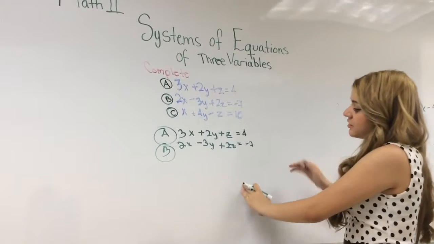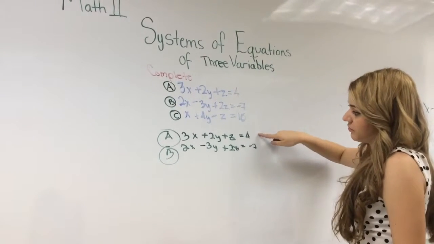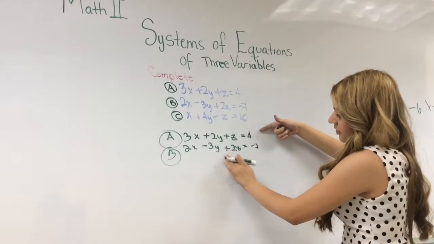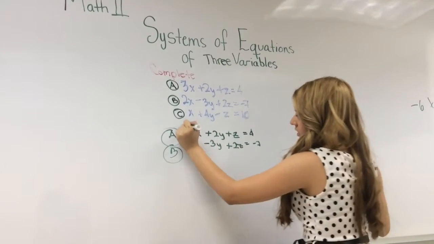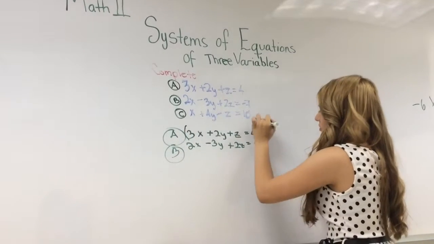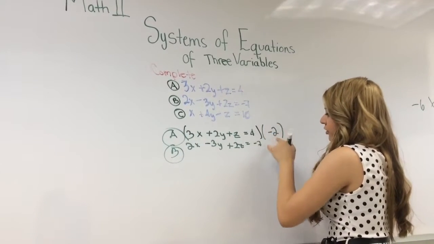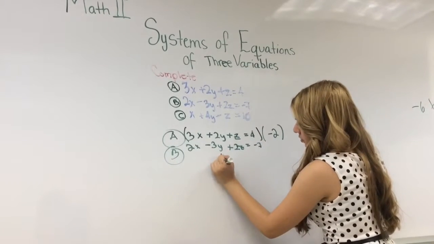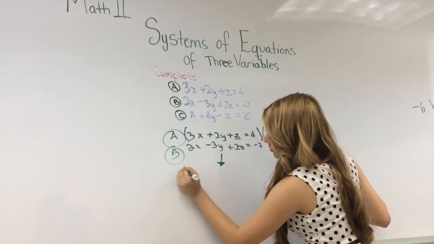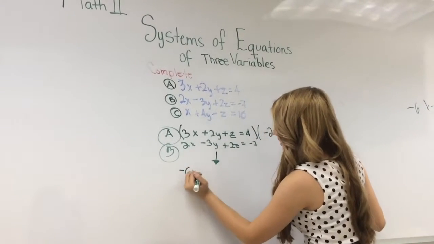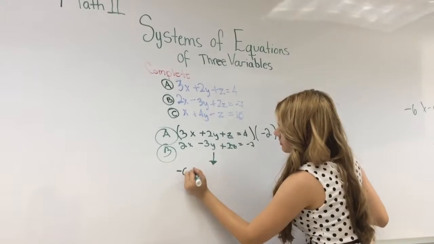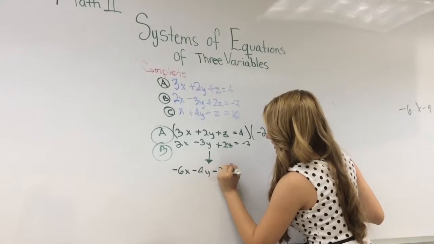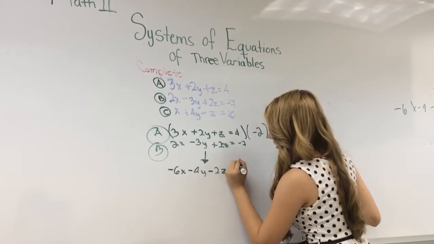For that, I need to multiply one of the equations, in this case A, to give me the opposite of the other equation. So 3x, and this whole equation will be times minus 2 for it to be minus 2 over plus 2. Passing this below, it will be 3 times minus 2, which is minus 6x. 2 times minus 2 will be minus 4y, and minus 2c equals minus 8.